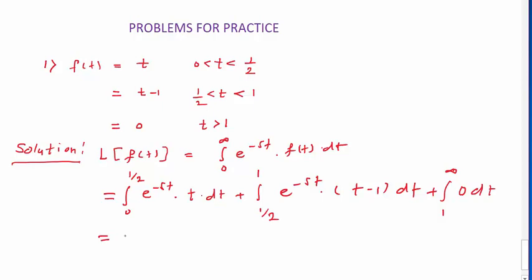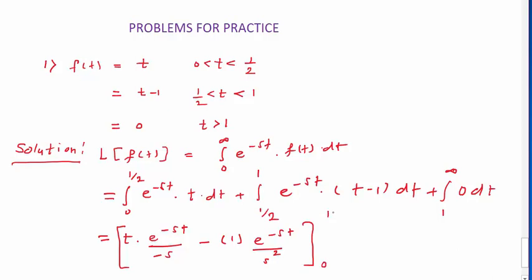Now for this first part we apply u into v, so it will be t into e power minus st whole divided by minus s, then minus derivative of t is 1, then e raised to minus st upon minus s into minus s is s square. Then if we differentiate 1, we will get 0, so we will not go further.